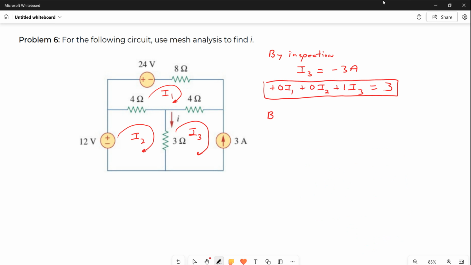Now I do Kirchhoff's voltage law around loop 2. Just look around loop 2, starting at the bottom left corner.